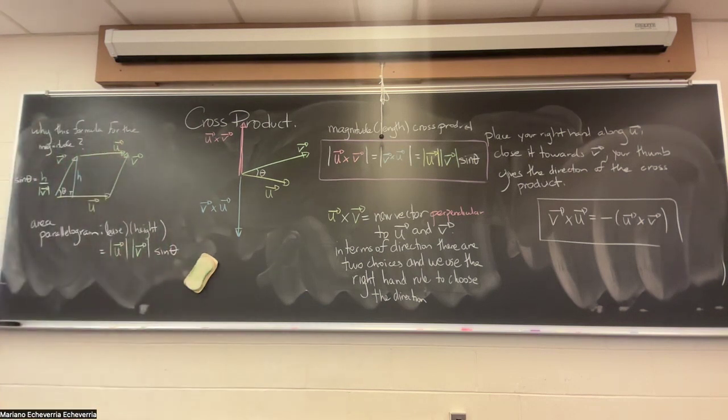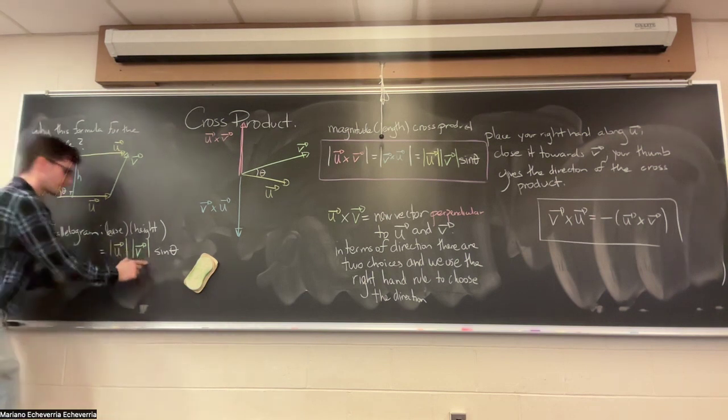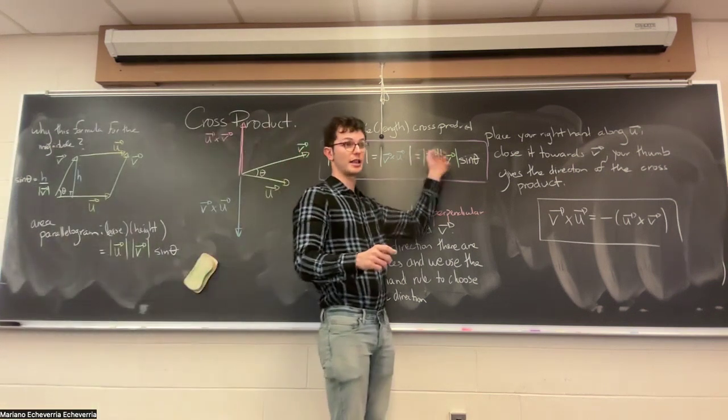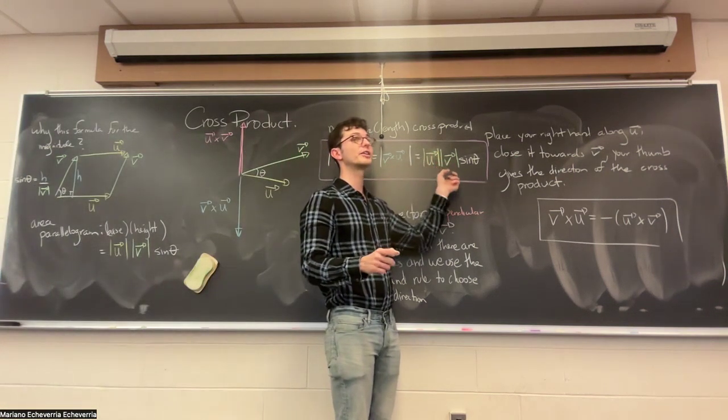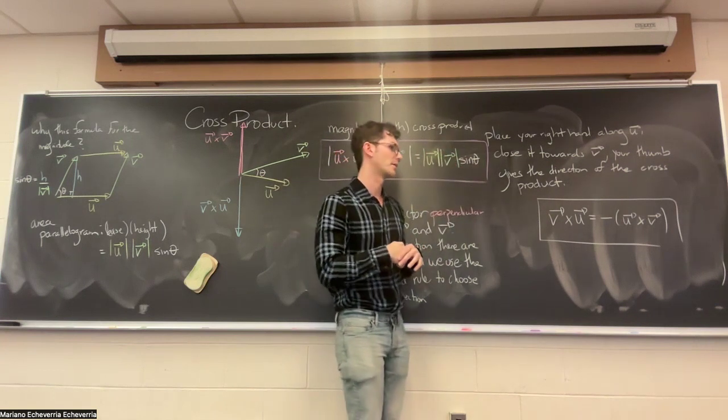Just multiply both sides by the length of v. So the area is the length of u times the length of v times sine of theta. That's exactly the length of the cross product. So the cross product is defined so that its length ends up giving you the area of the parallelogram.